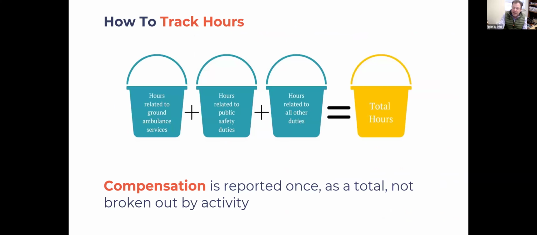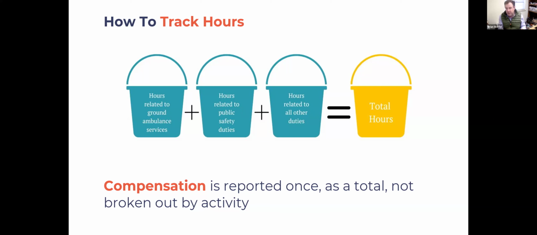So there are a number of examples which we are going to skip over, in part because some of them are in painful detail. But again, just as a reminder, you only report compensation once based on that category. You'll then allocate the hours that were used either for their EMS obligations or their non-EMS obligations.